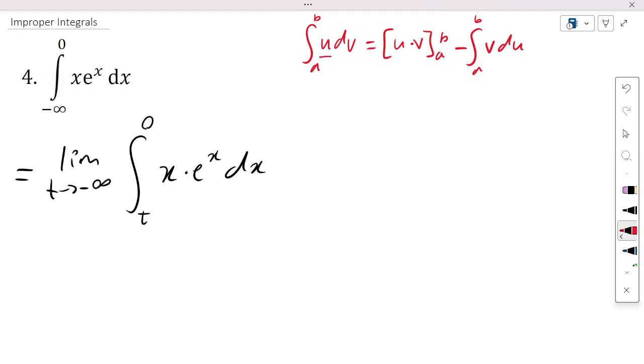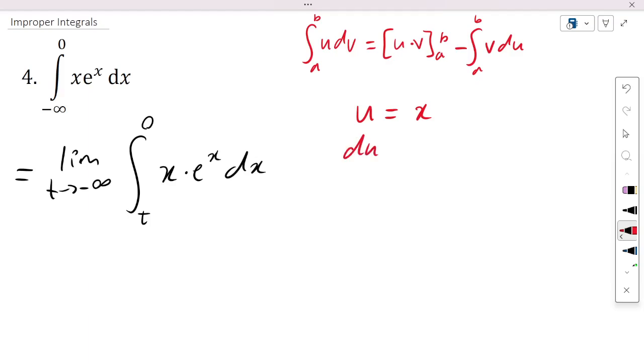That means we need to determine what we're going to use for u and dv. So we're going to let u be equal to x and dv be equal to e to the x with respect to x, because e to the x is so easy to integrate. It's literally just e to the x. Also, if you differentiate x with respect to x, it's going to be equal to 1.